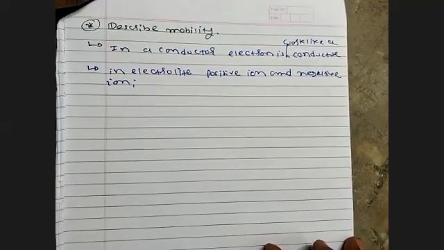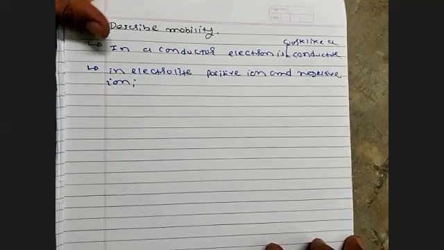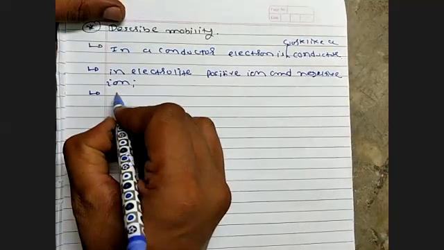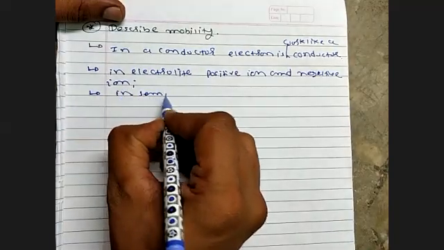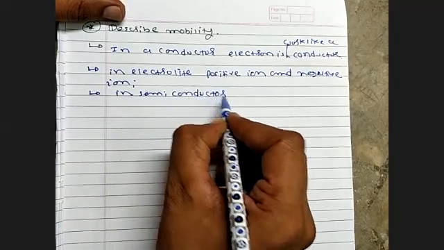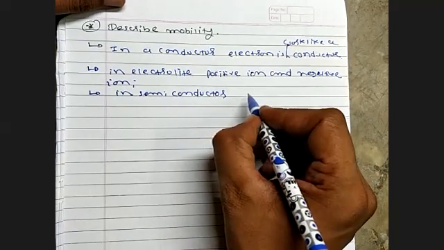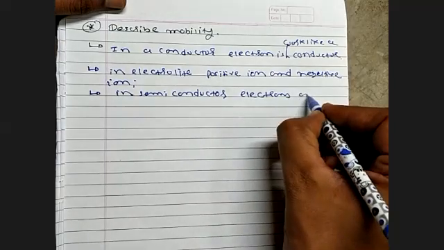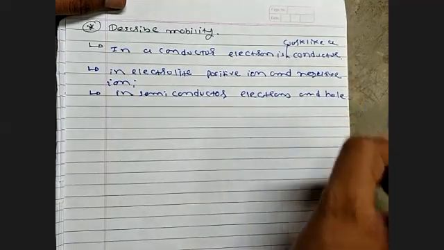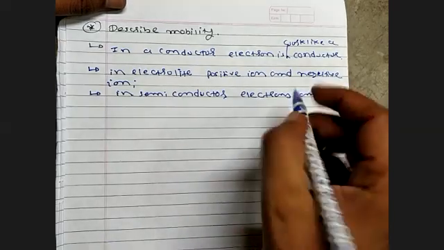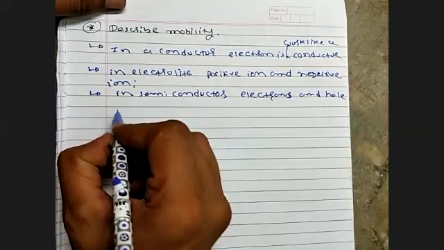In an electrolyte, positive ions and negative ions carry electricity, while in a semiconductor, there are electrons and holes. Electrons and holes carry electricity.